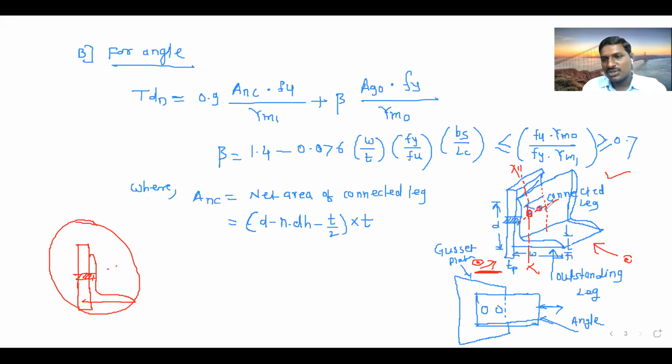I have taken the cross section at the bolt line, and after the cross section, if I see from this side, this sketch should appear. And if I see from this side, this plan will appear. So are you getting these 2 sketches after taking the cross section?